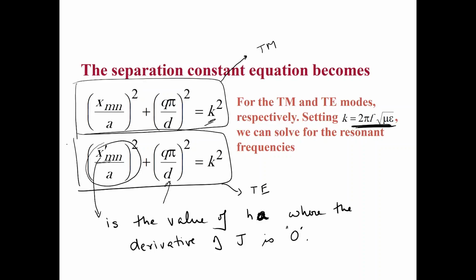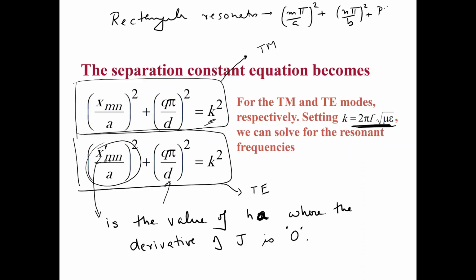Again, these forms are very similar to the forms you have seen for rectangular waveguides or rectangular resonators, which were m pi by a square plus n pi by b square plus p pi by c square is omega square mu epsilon or k square.